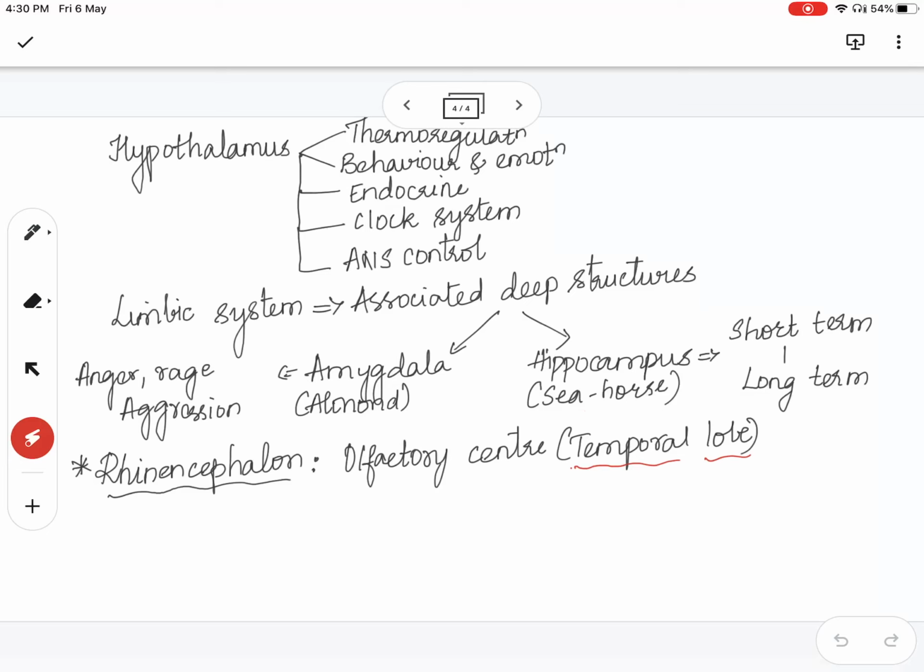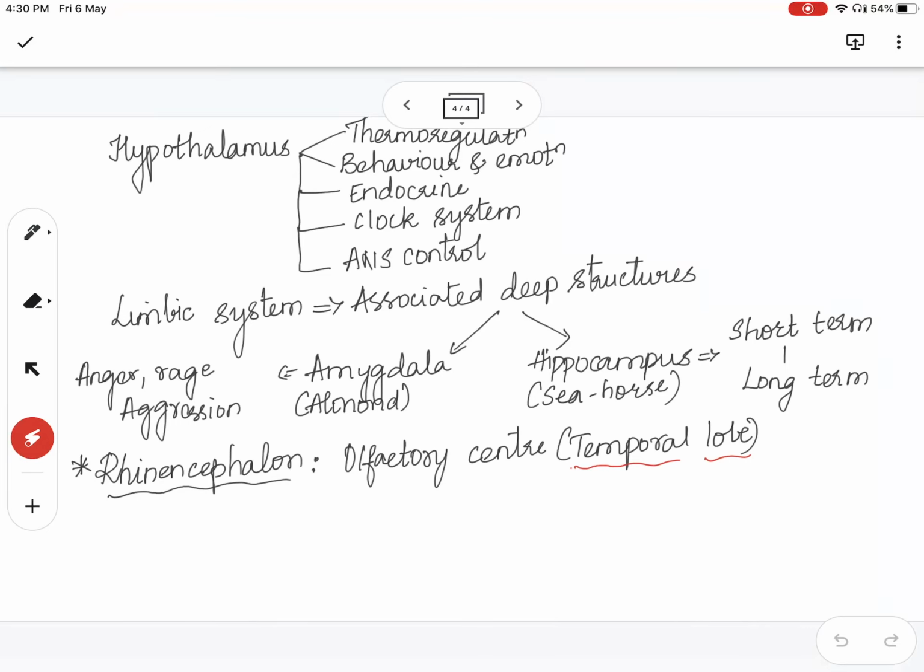Now, what are the functions of the limbic system? The function of the amygdala is that our anger, our rage, our aggression is taken care of by the amygdala itself. Whereas the hippocampus helps in the conversion of short-term memory to long-term memory. You need to know how our memory works, that is, which particular organ works for the conversion of these memories.